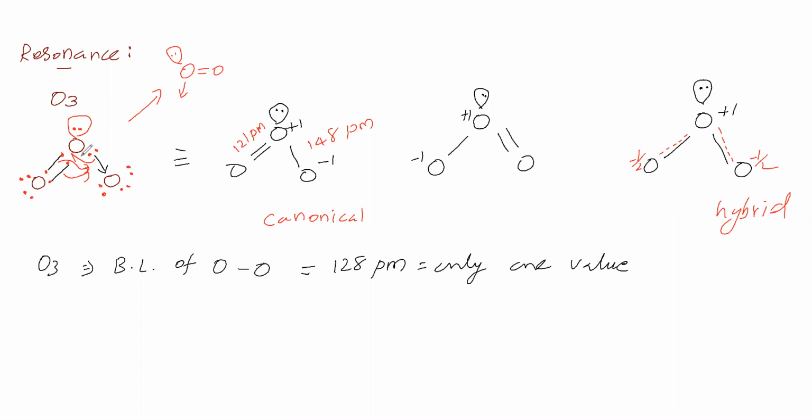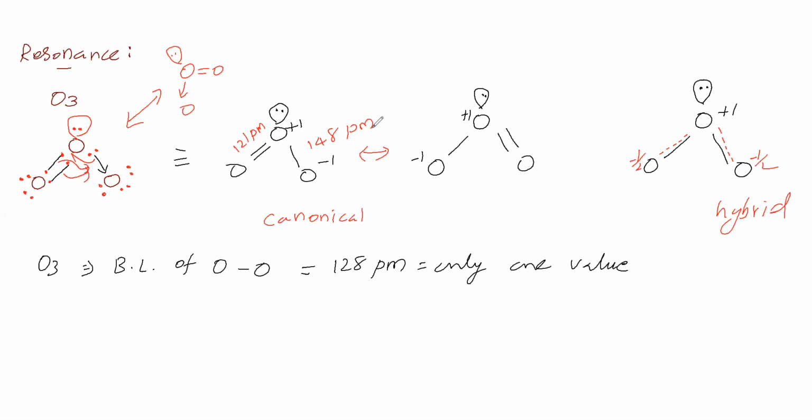Correct? So we can say interconversion by short electron shifts. That means this electron cloud comes to this place and this electron cloud goes to this place, and we will get this. If this electron cloud comes here and this one goes here, we will get back this. That means these two are interconverted. These two also are interconverted. Therefore, a double-headed arrow.